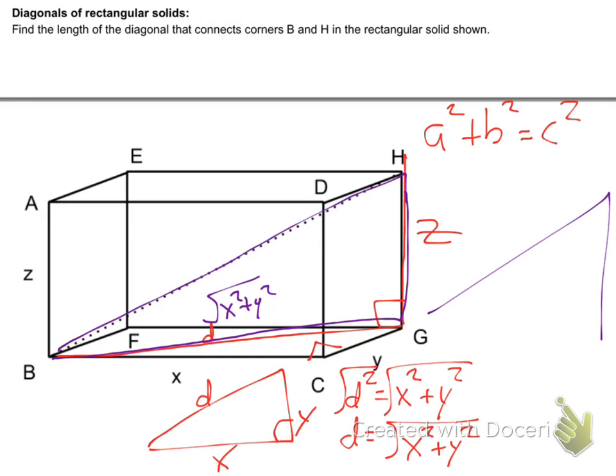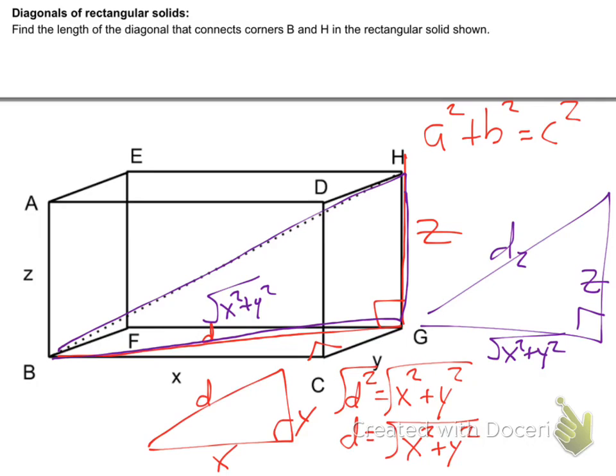So when I go to fill it in, it's the square root of X squared plus Y squared. What's the height? Z. And I'll call this one D2. We'll call the other one D1. Wait, there's another D on there too? Oh, well, they got the D for the point.